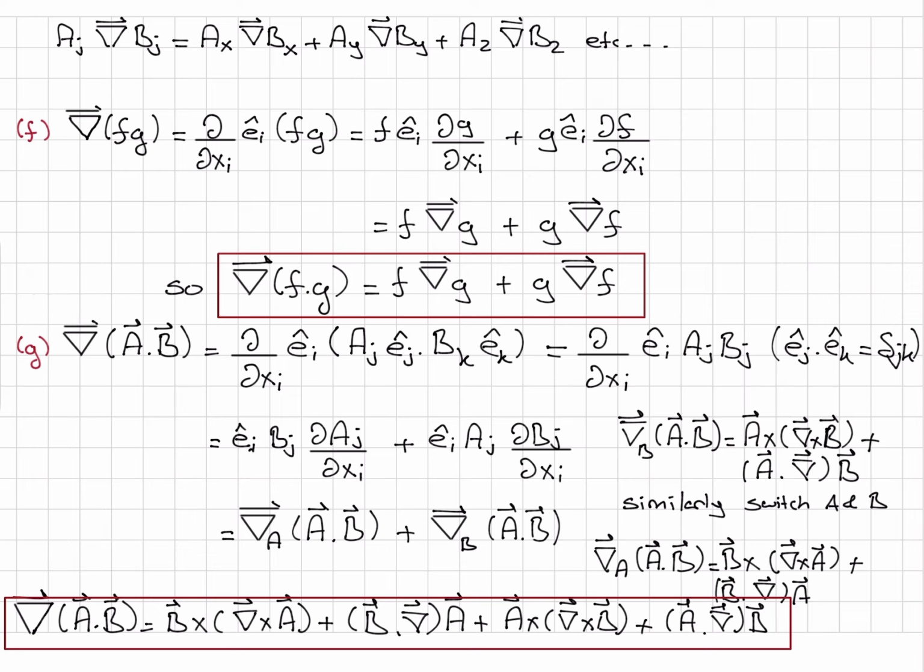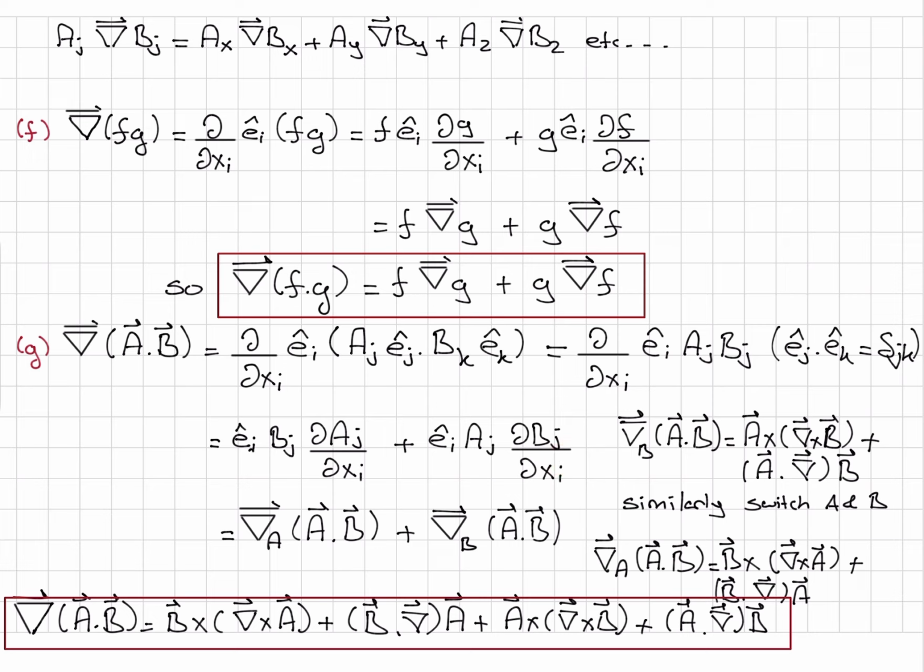As for the gradient of a dot b, we have a dot b is aj ej hat dot product with bk ek hat, and the del operator is del del xi ei hat, and this is going to set the two indices j and k equal. So this is del del xi ei hat aj bj, and then we apply the derivative to aj only and leave b alone, plus bj only, leave a alone.